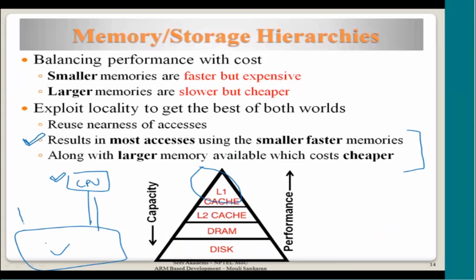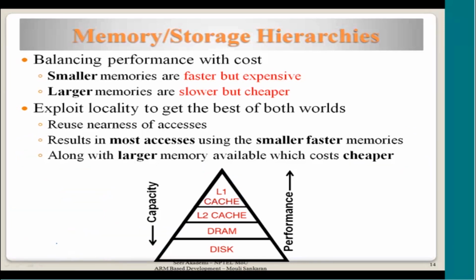The amount of money that I, as a program developer or system builder, spend on storing this program in a memory, maybe a disk or flash, is lesser, cheaper. So larger programs are preserved in the system using a cheaper memory, and execution happens with a faster and costlier memory, but it is small. Based on this, we get the best of both worlds. That's all. I hope I don't have to reiterate this and all of you are convinced about it.